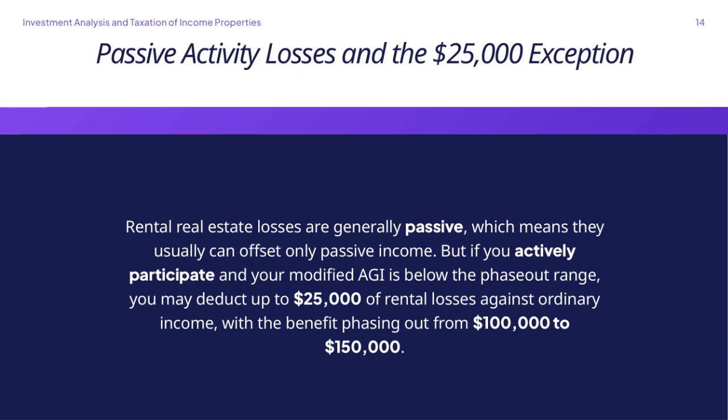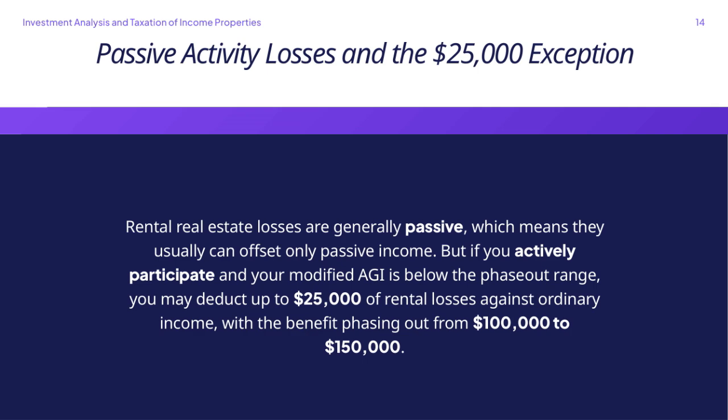Rental real estate losses are typically considered passive losses, which means they can generally only be used to offset passive income, not your ordinary income. However, there's an important exception to this rule. If you actively participate in the management of the rental property and your modified adjusted gross income, or AGI, falls below a certain threshold, you may be able to deduct up to $25,000 of those rental losses against your ordinary income.